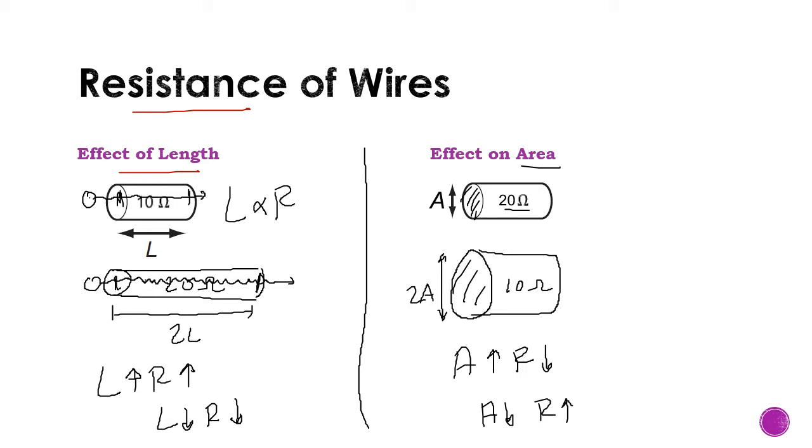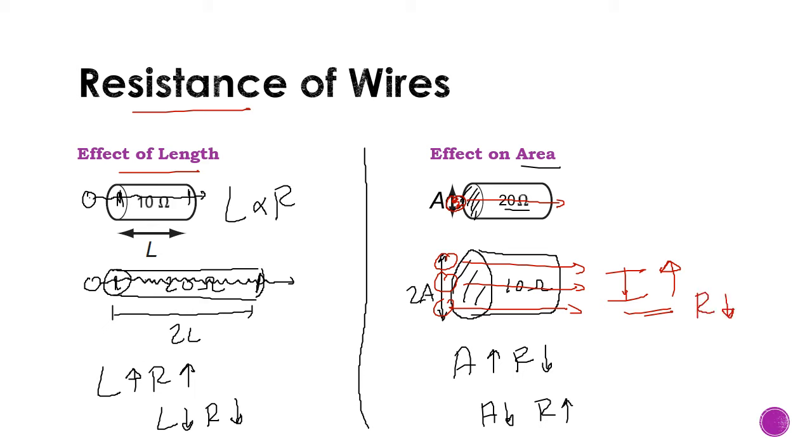This kind of makes sense. Area is even better. If this amount of space only allows one charge to go through at a time, increasing the area allows more charges to go through at the same time, side by side. And if more charges go through, that means the current increased, so you're moving charges faster. This means that the resistance has now decreased.